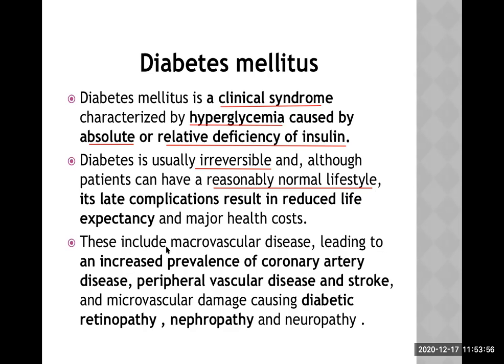The same thing is written here, but still let us go through them. These late complications of diabetes include macrovascular disease leading to increased prevalence of coronary artery disease, peripheral vascular disease, and stroke. All of these are related with atherosclerosis, and microvascular disease or damage causing retinopathy, nephropathy, and neuropathy.